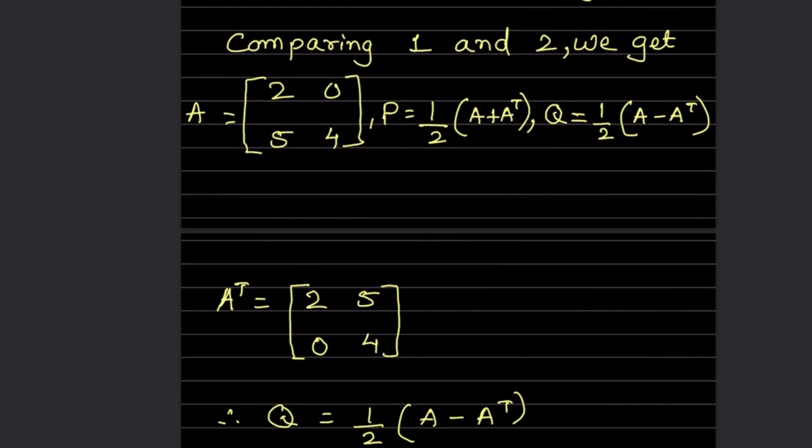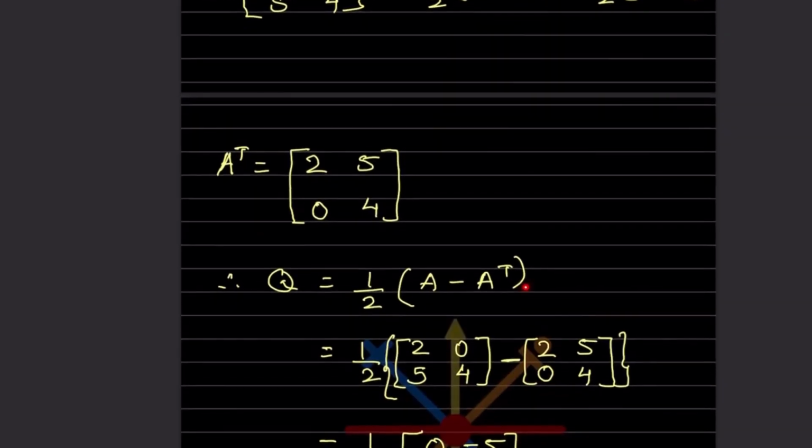So now we want this Q, we will take over here, because why did we find out this one? Because we have Q is half A minus A transpose. So we know A, but we want A transpose. So just we have to plug in that one over here.